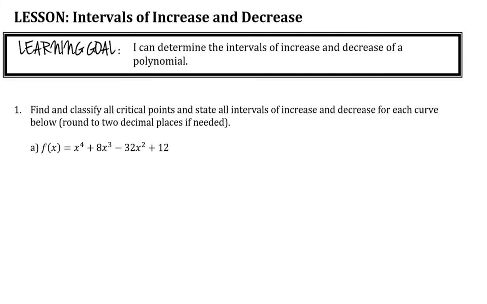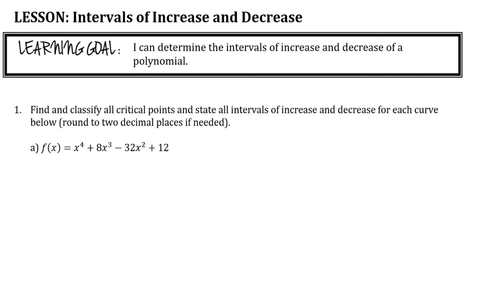That is something to consider where the function does not exist, because that's going to help us classify those critical points, right? Because if the function doesn't exist, the derivative won't exist, and that's a big part of assessing what the classification of a critical point is. So this is stuff that we want to consider, but we'll get to that as we go over examples of all those different kinds of functions.